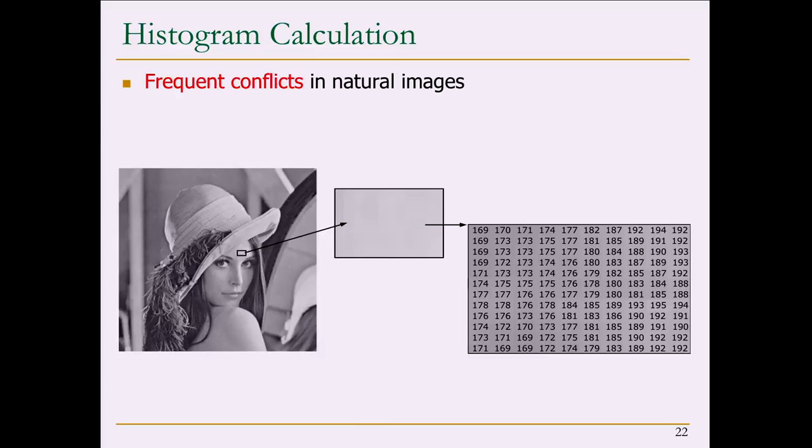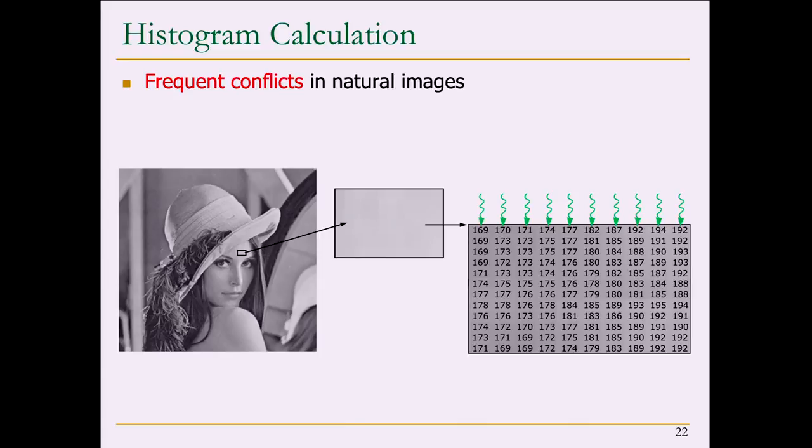In image processing, every time we want to process some natural image, natural images have a lot of spatial correlation. In some particular region of the image, the color or the intensity is very similar.